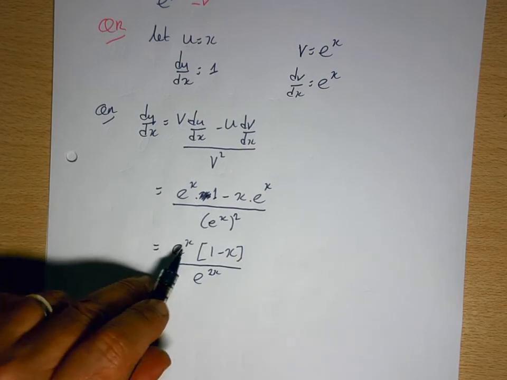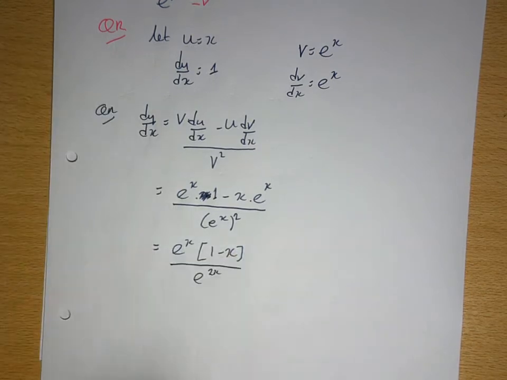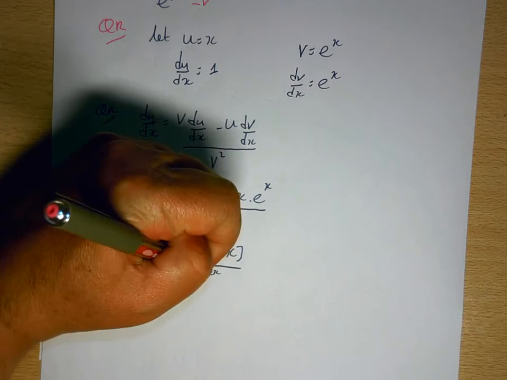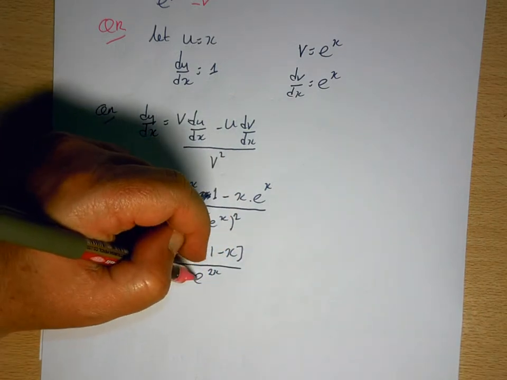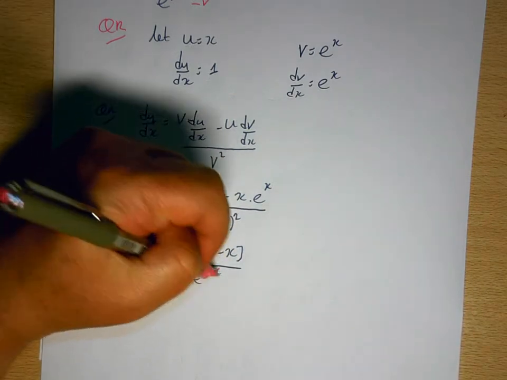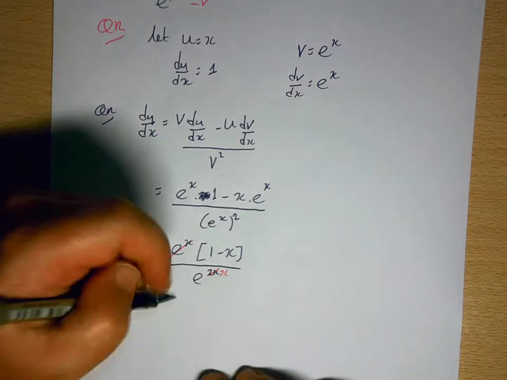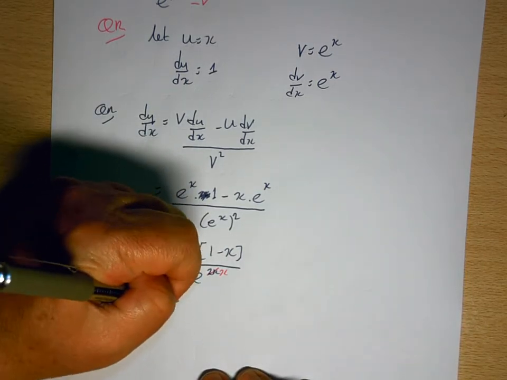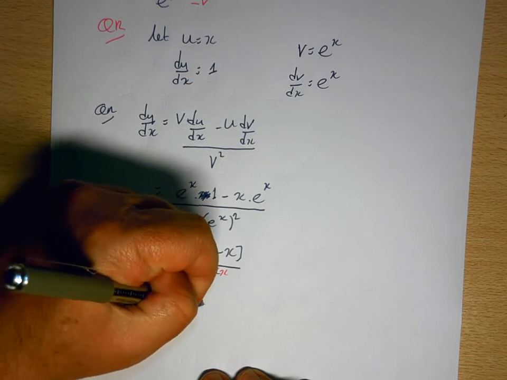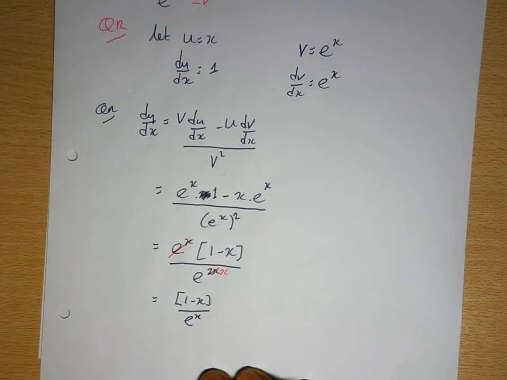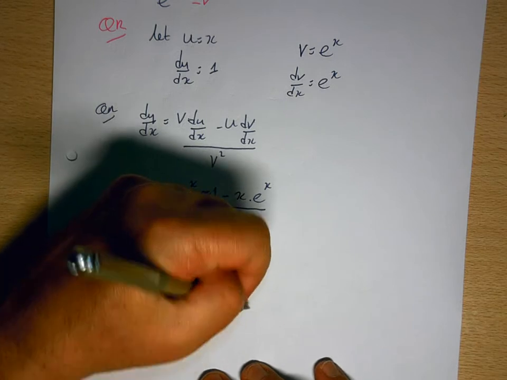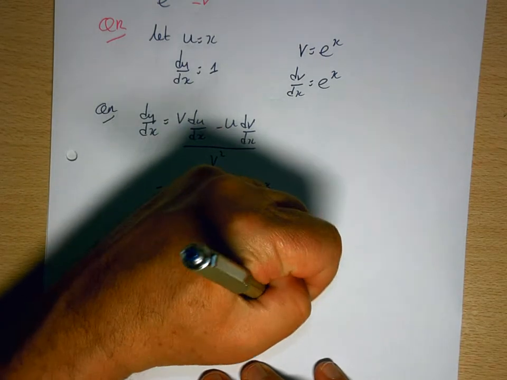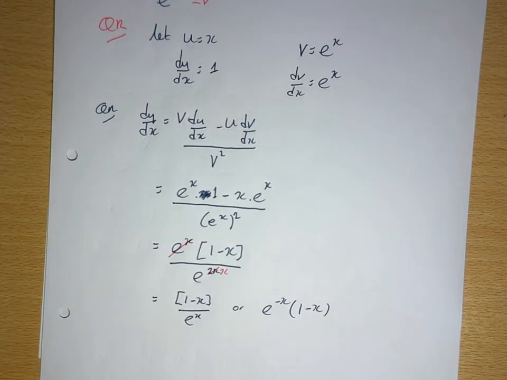But what you'll see then is that this will cancel, because you basically got e to the x times e to the x down there. So your final answer will be, we could write it as 1 minus x over e to the x, or you could write it as e to the minus x times 1 minus x. It means the same thing, it doesn't matter.